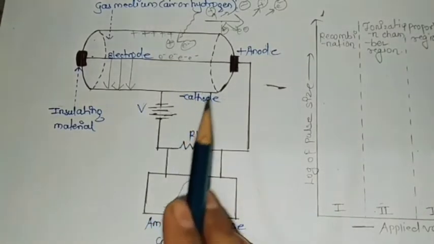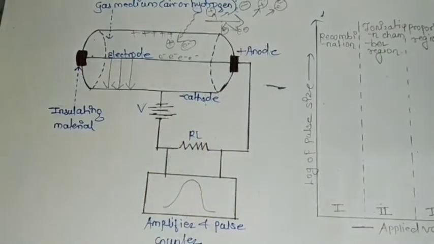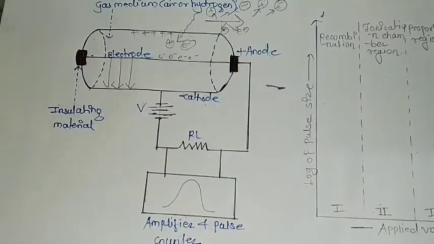They lead to a potential drop across RL, and this potential drop is detected by the electronics as proof of the existence of an external nuclear particle.